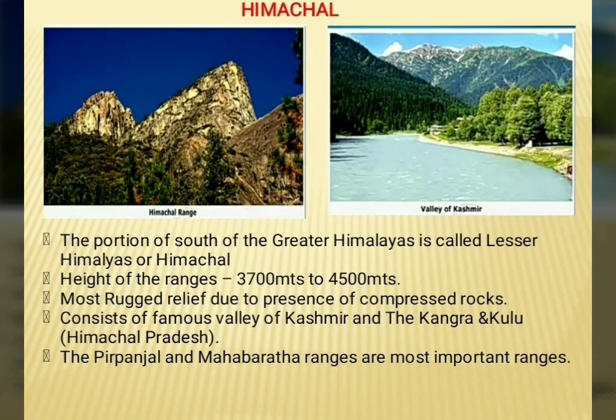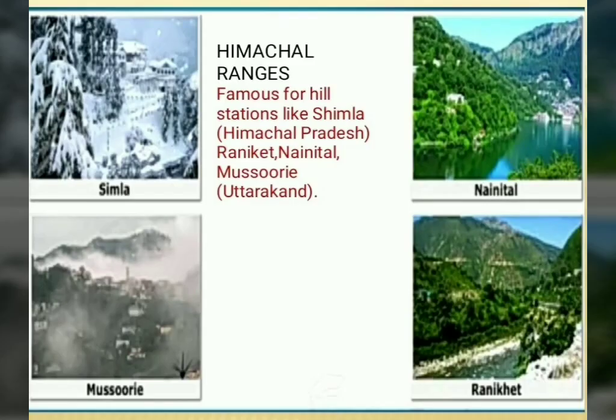These ranges consist of the famous Valley of Kashmir and the Kangra, Kulu. The Pir Panjal and Mahabharata ranges are the most important ranges in this area. Himachal ranges are famous for many hill stations like Shimla, Ranikhet, Nainital, Mussoorie.